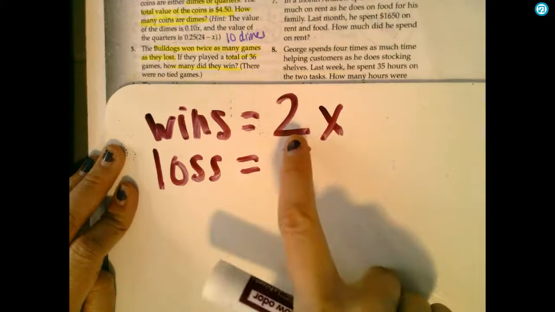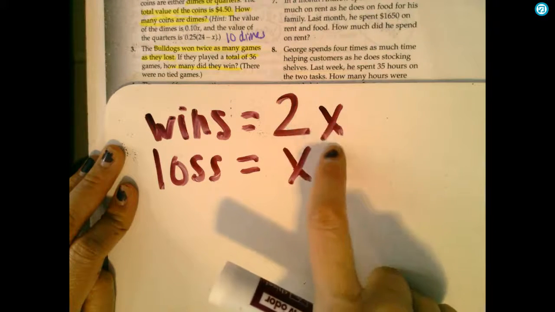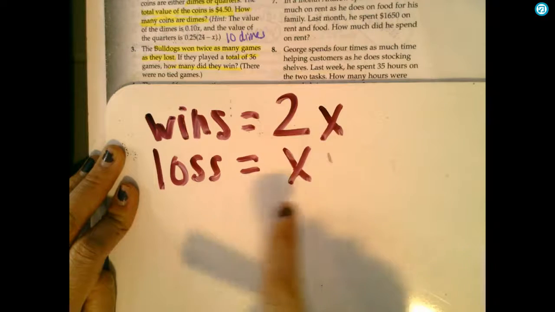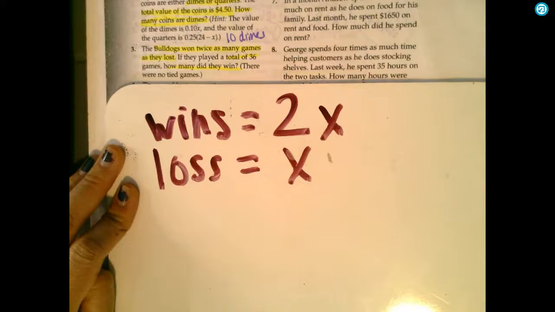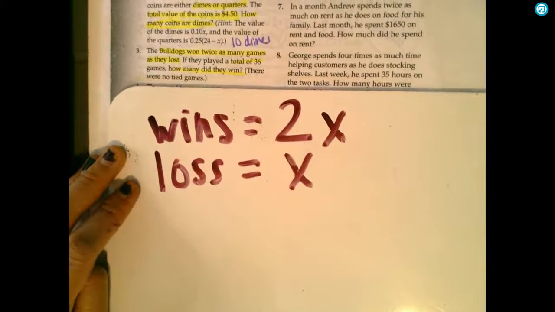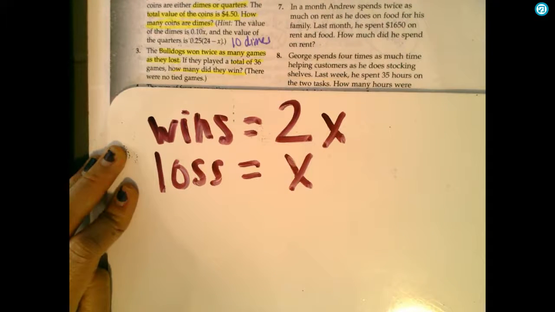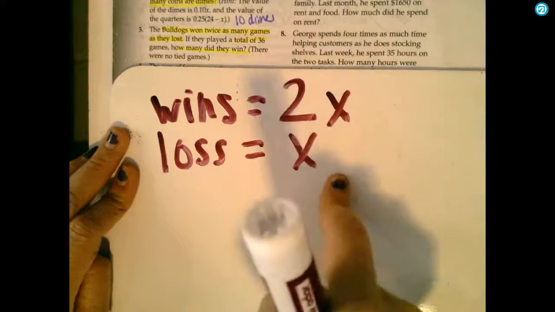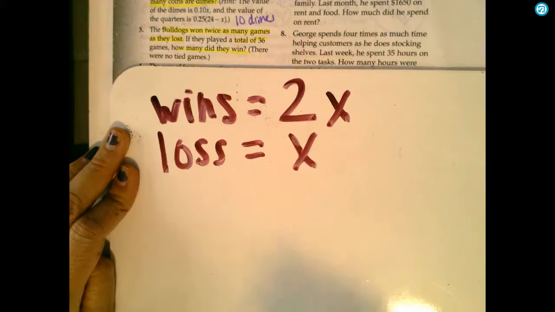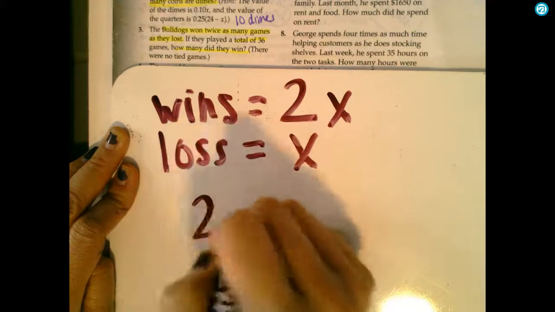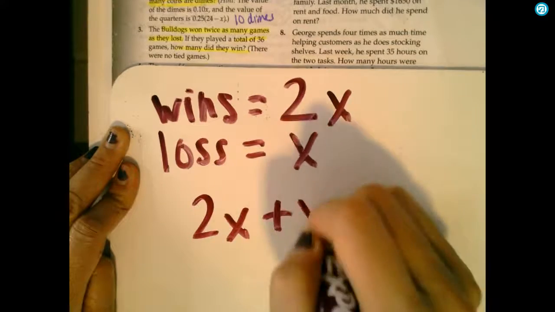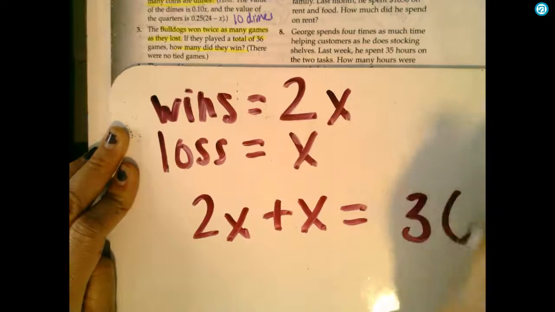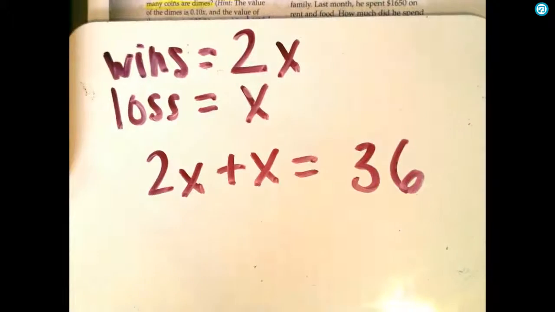So the wins, they won twice as many games as they lost, so 2 times x, which means how many did they lose? It's going to be x. We know they played a total of 36 games, and they want to know how many did they win. So the wins plus the losses, we're going to add these together, equals 36, because that's how many games total. 2x plus x equals 36.